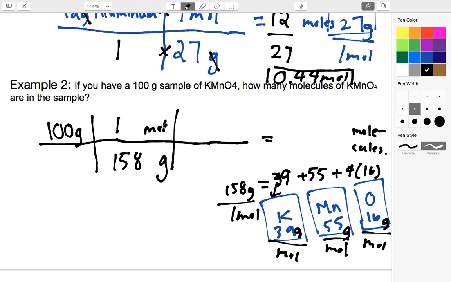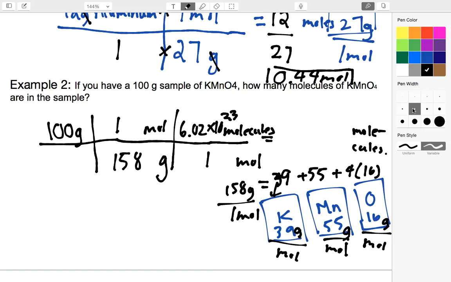And then I need to somehow get rid of the moles to get molecules. And I know I can convert from mole to molecules because 1 mole of anything is 6.02 times 10 to the 23rd.